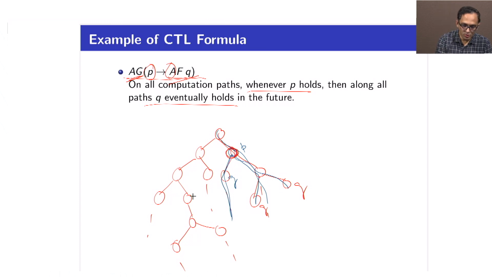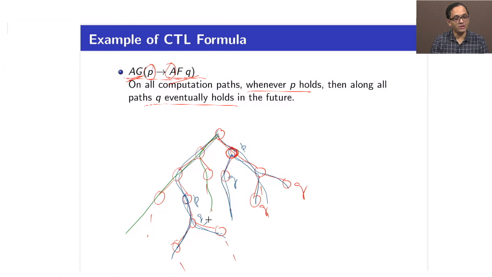Let us say P holds here, okay, and Q holds here. Now you see, this is the path in which whenever P holds, after that in all future paths starting from here, it has two paths and in both cases Q holds in future, right. Now, think about this path. There is a third category of path, this path or this path.